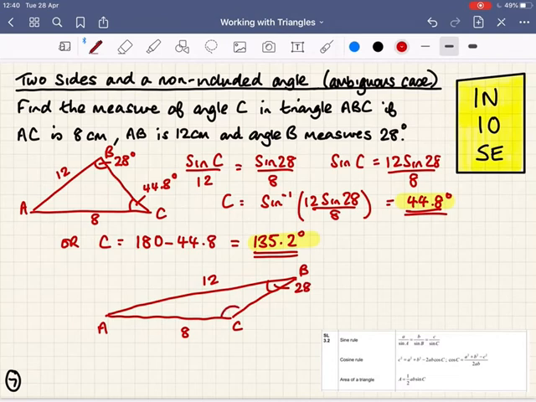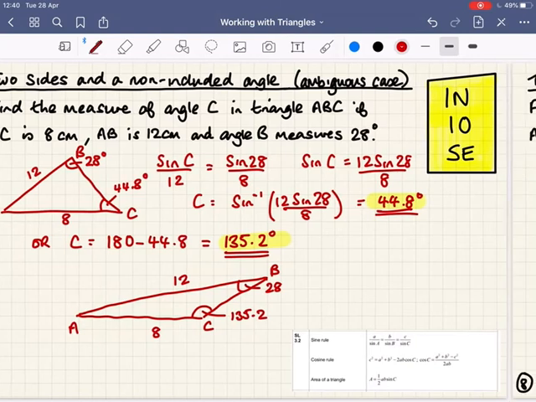But now my solution for C is an obtuse angle of 135.2. So that would work too. So we've got two different triangles that meet the criteria in the question. This is the ambiguous case. Now, like I said, you always need to sense check whether both of them are possible.